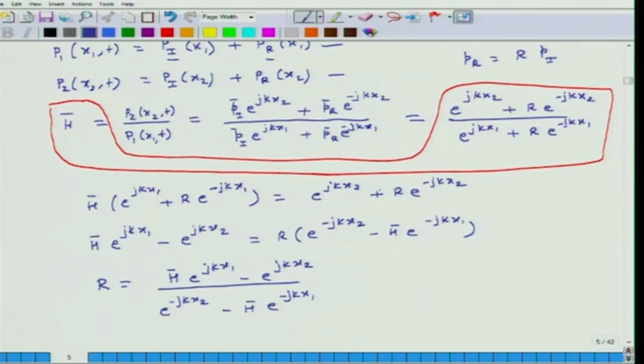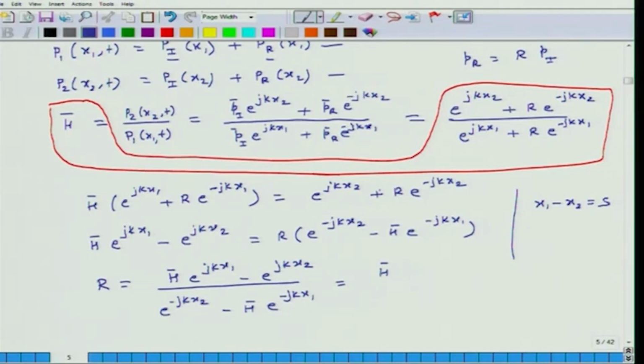Okay. So the next thing is that I divide this numerator by e to the power of jkx1 and also the denominator by e^(jkx1). So what do I get? I get h bar, and remember x1 minus x2 is equal to s.